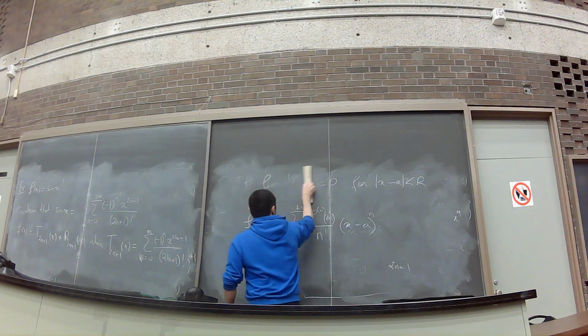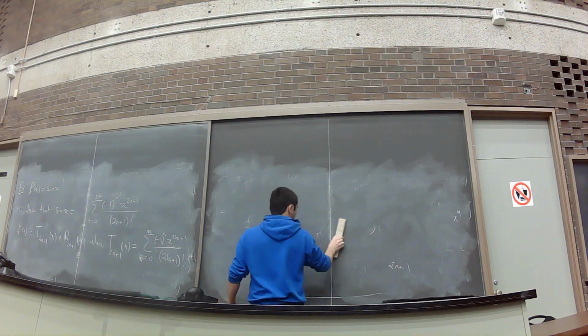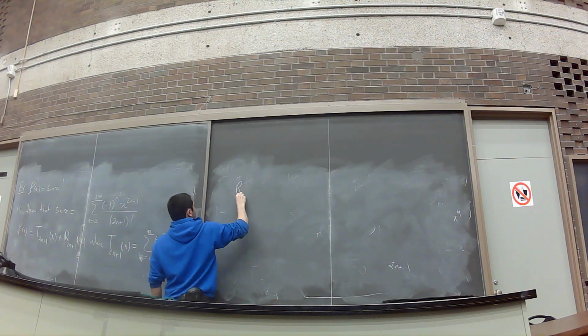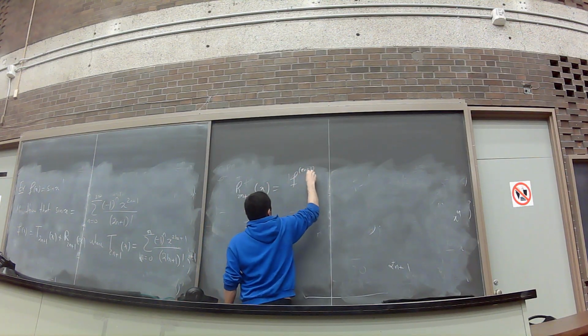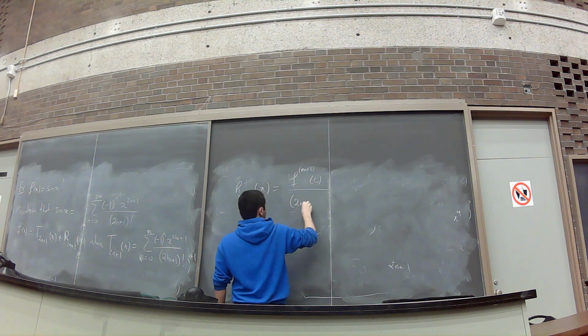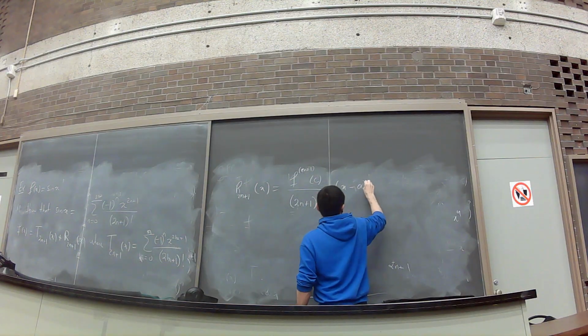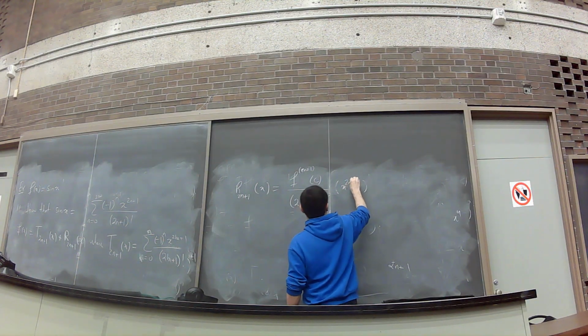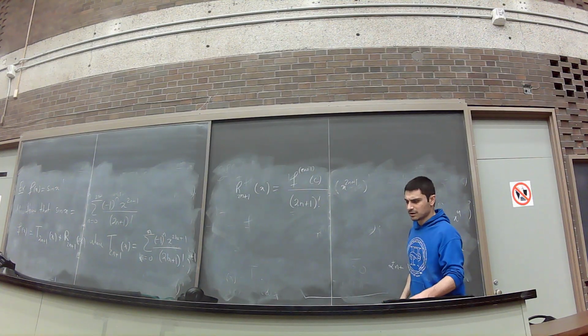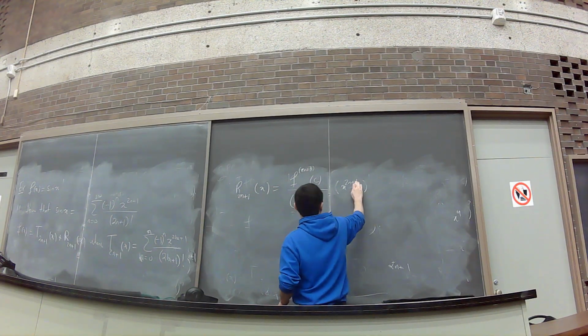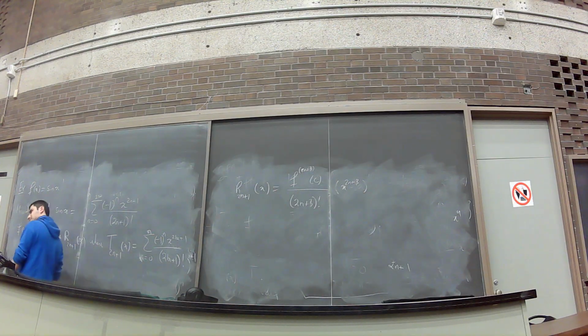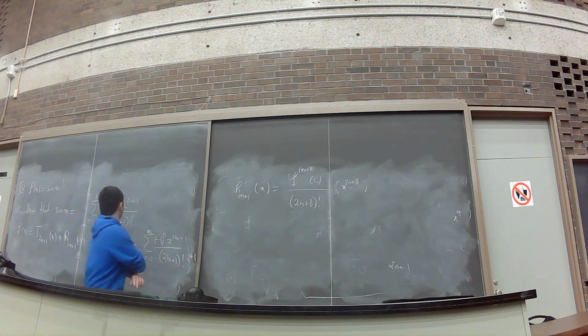Now what is Rn of x? It is f to the 2n plus 1 of c divided by 2n plus 1 factorial times x to the 2n plus 1. Is it 2n plus 1? No, I don't think so.